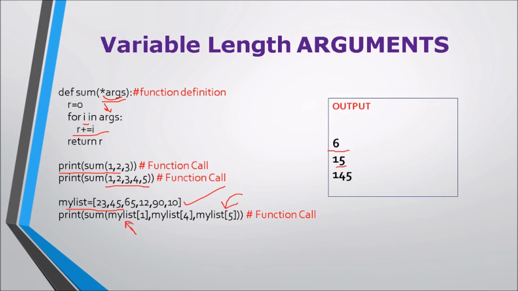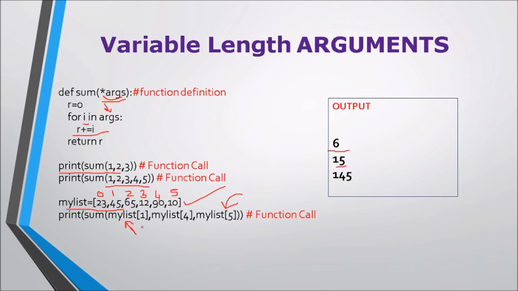So I have defined a list having the values 23, 45, 66, 12, 90 and 10, out of which 23 is index number 0, 45 is index number 1, at index number 2 I am having 66, at index number 3 I am having 12, at index number 4 I am having 90, and at index number 5 I am having 10.